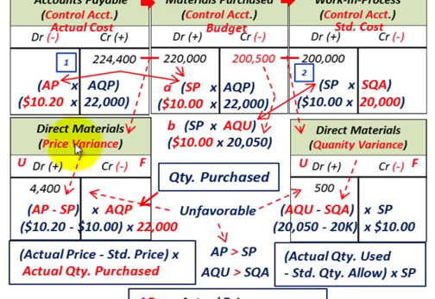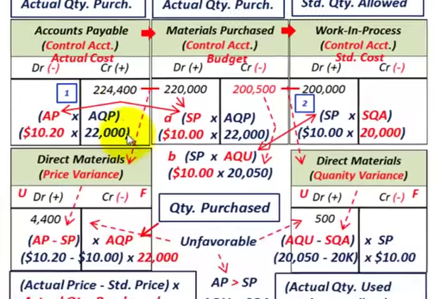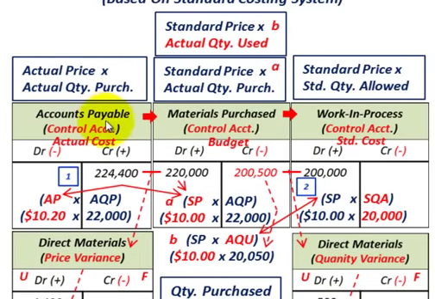That's for direct materials pricing variances. And for direct materials quantity variances, it's the actual quantity used minus your standard quantity allowed, times the standard price again. Okay, so that's for our price and quantity variances. Now let's move up to our accounts payable for our actual cost.